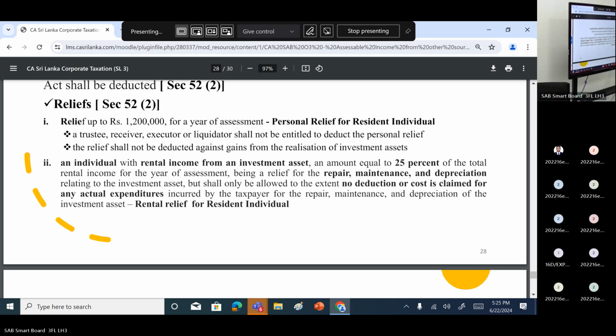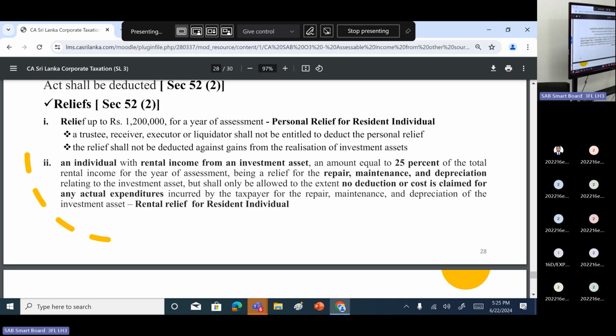An individual with rental income, which is rental income from an investment asset: an amount equal to 25% of the total rental income for the year of taxman is a relief for the repair, maintenance, and depreciation related to the investment asset, but shall only be allowed to the extent that no deduction of cost is claimed for any actual expenditure incurred by the taxpayer for the repair, maintenance, and depreciation of the investment asset. That is rent relief.